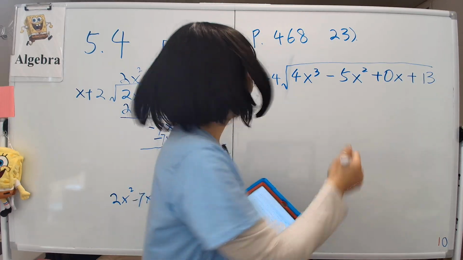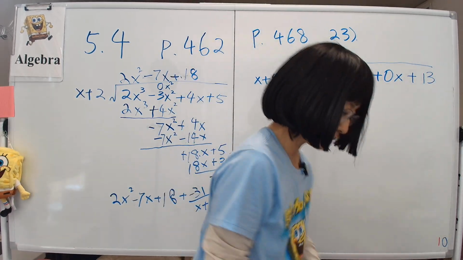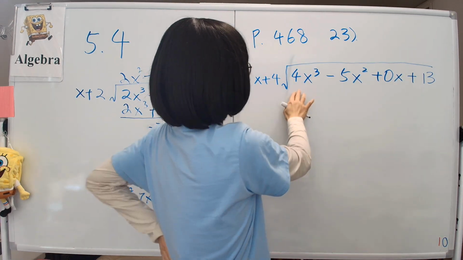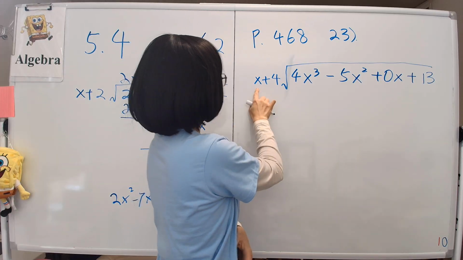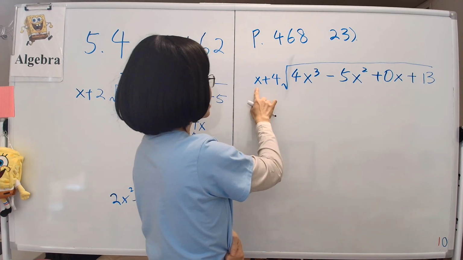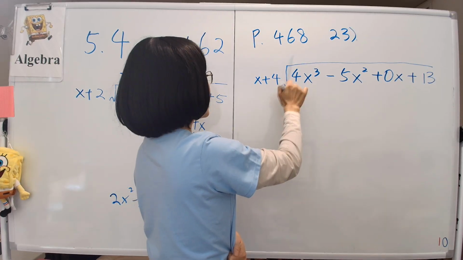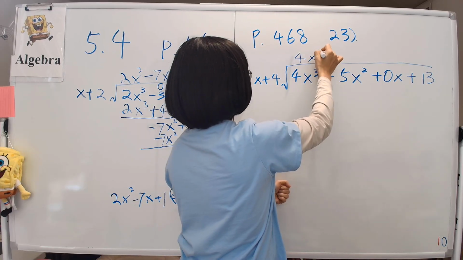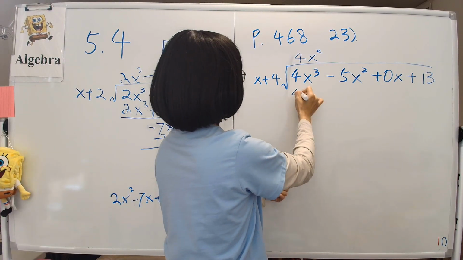Well, anyway, after we have done that, we proceed with the same trick, okay? Let's see. Let's hope I don't mess up this time. So 4 times x. Something has to multiply this to be exactly the same. So that would be 4 times x squared, right? So times that equals 4x cubed.